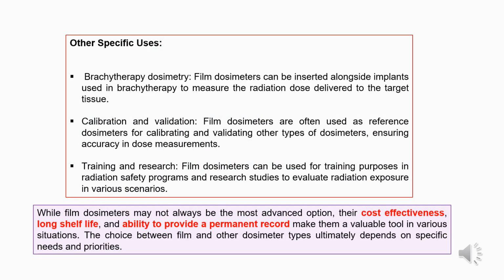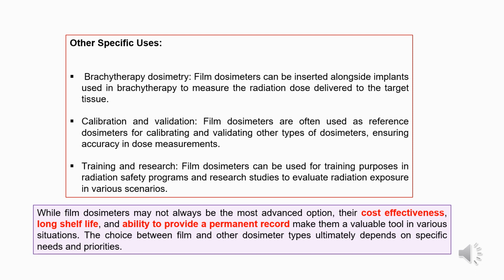Other specific uses, we can use film dosimetry in brachytherapy. Film dosimeters can be inserted alongside implants used in brachytherapy to measure the radiation dose delivered to the target tissue. And calibration and validation.